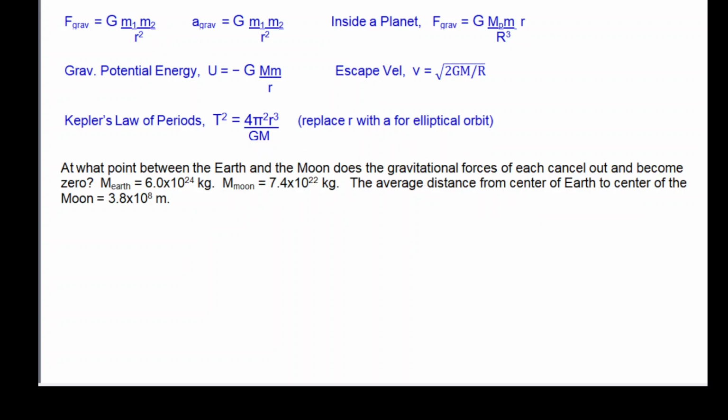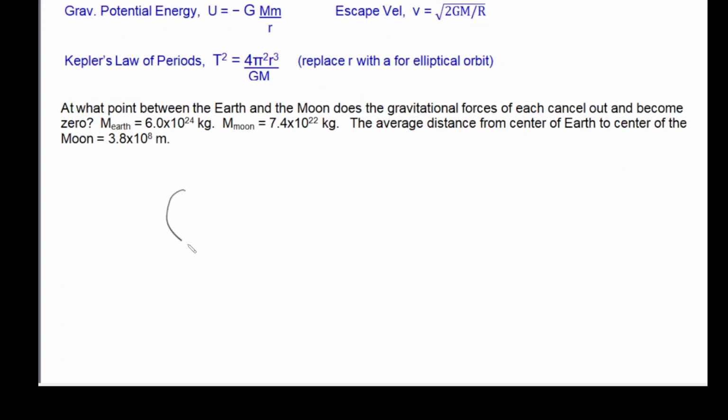Here's another problem. At what point between the Earth and the Moon do the gravitational forces of each cancel out and become zero? So if we have the Earth and the Moon, and gravity acts as if it comes from the center of the mass, we want to know if we're at this point, and let's call this the mass of the person.